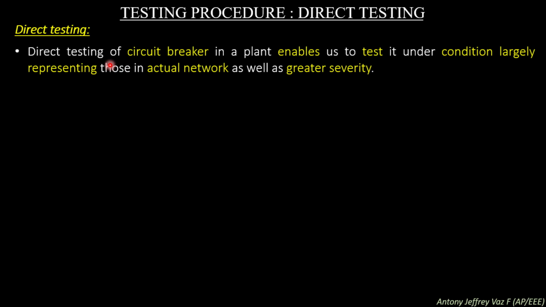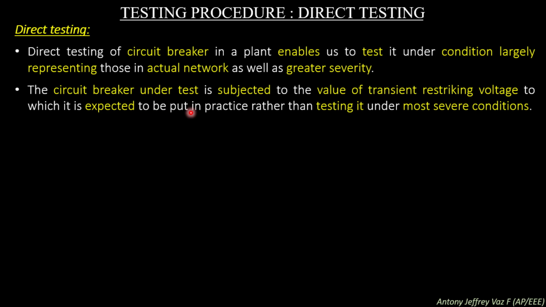Direct testing. Direct testing of a circuit breaker in a plant enables us to test it under conditions largely representing those in an actual network as well as greater severity. So, direct testing of a circuit breaker helps to reveal the actual network behaviour with a greater severity.